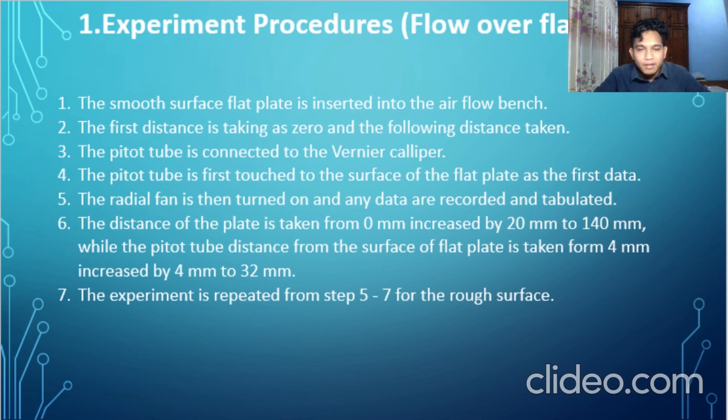The pitot tube is connected to the vernier caliper. Number 4, the pitot tube is first touched to the surface of the flat plate as the first data. Number 5, the radial fan is then turned on and the data are recorded and tabulated.